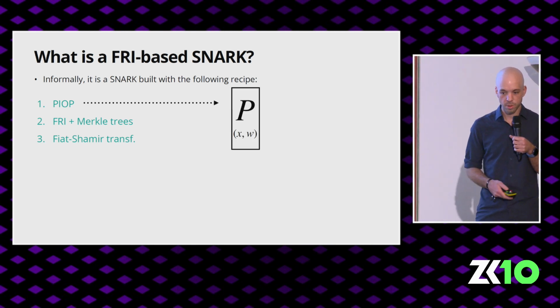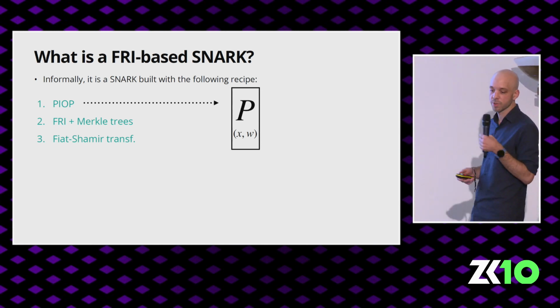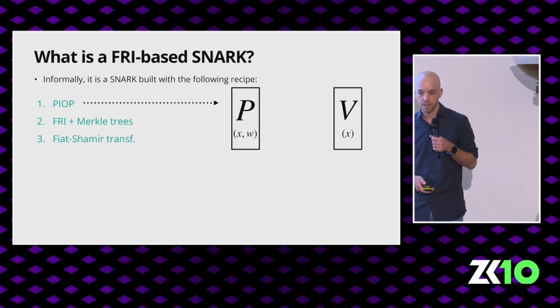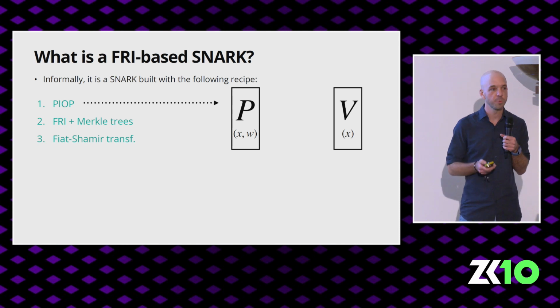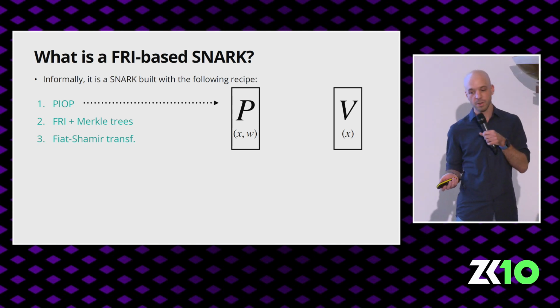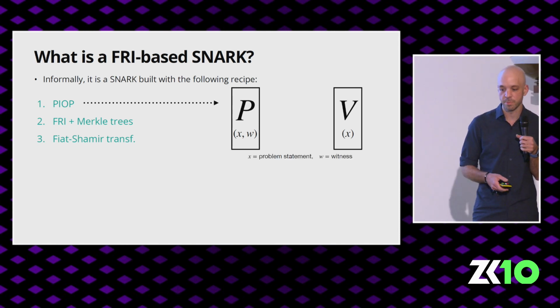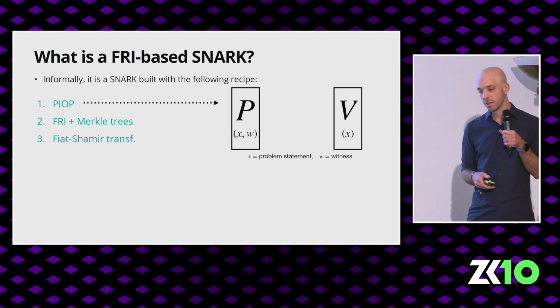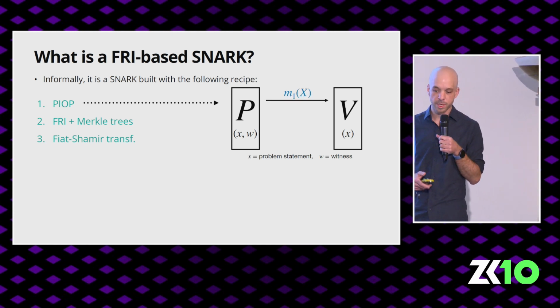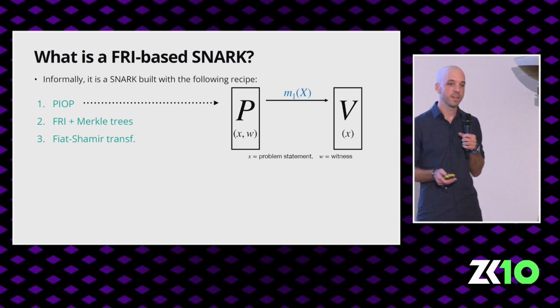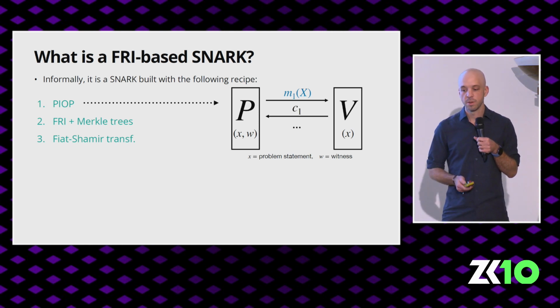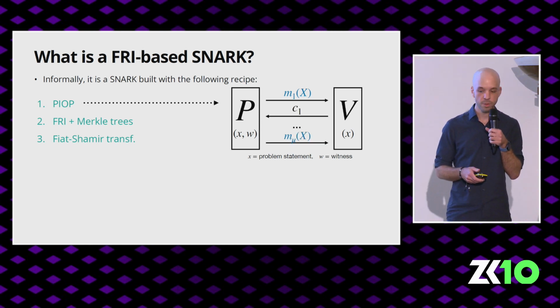Just to set up some notation and terminology, let's review what a PIOP is. A PIOP is an interactive protocol. There's a prover and a verifier. There's a problem statement and a witness. The witness is only known to the prover. Then the prover and the verifier exchange messages for a certain number of rounds.